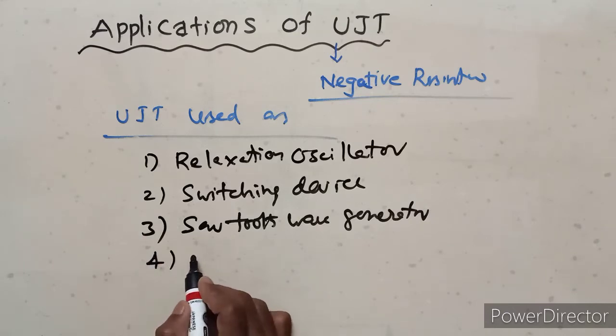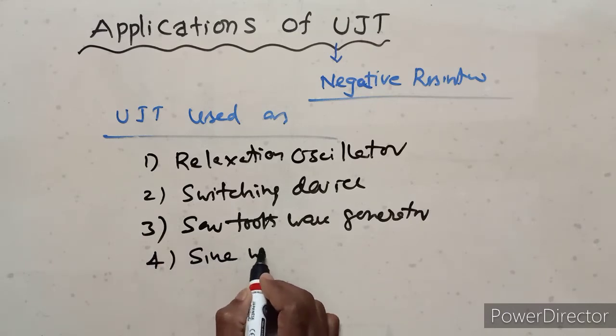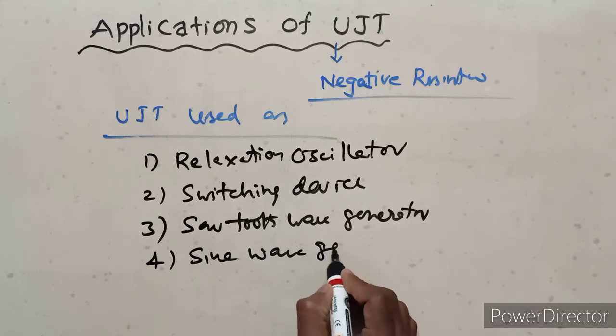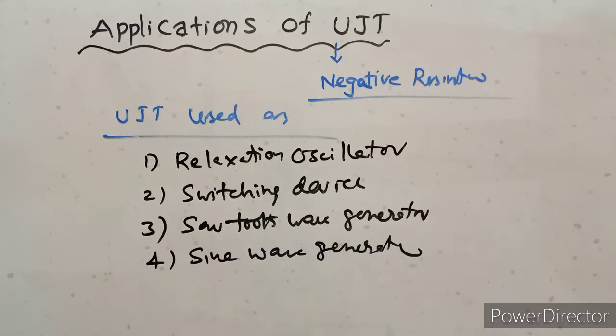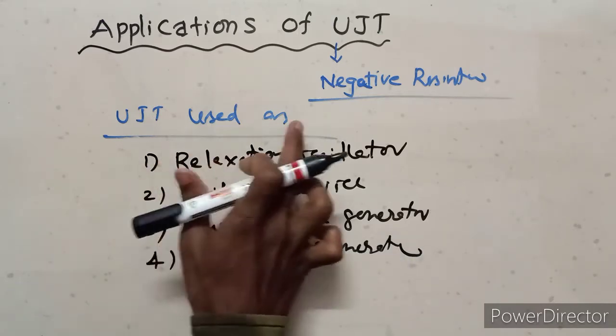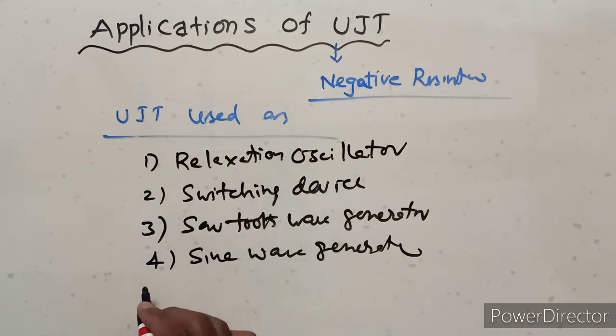Next application, sine wave generator. The UJT is used as a sine wave generator.